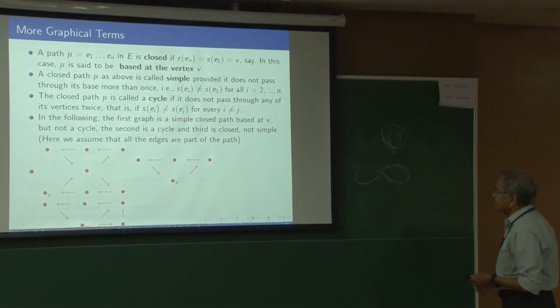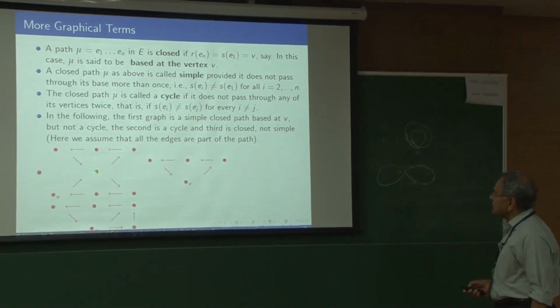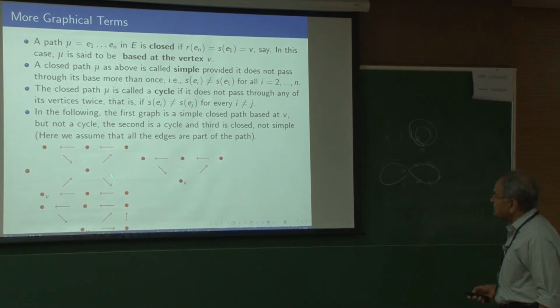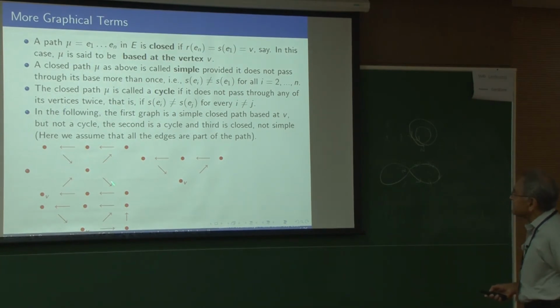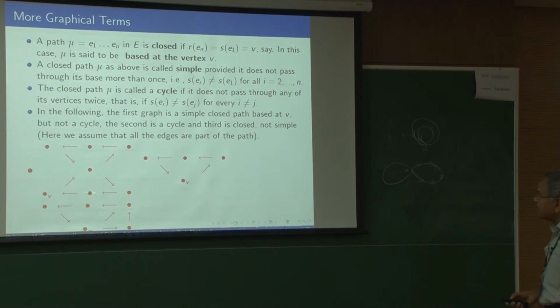Look at these examples here. See, for instance, this one: let's assume it starts from here, it goes around, and it comes back. So it's a closed path, but it is not a cycle here. On the other hand, this is a cycle, because it goes through and doesn't cross at all. And this path is not a simple path. It goes through this, and then it goes through that.